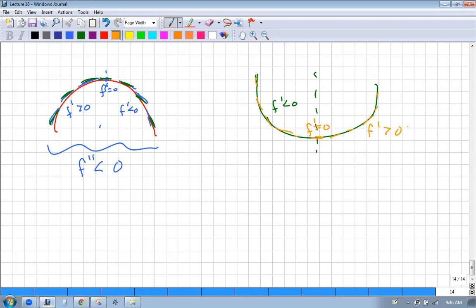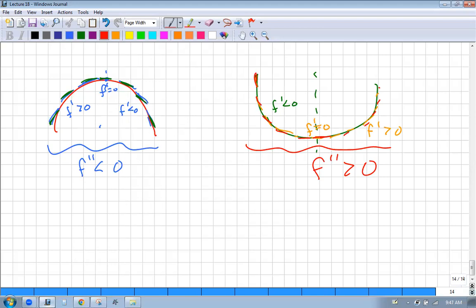But if you look at all the slopes, the slope is increasing everywhere. It starts off negative, gets to 0, and then becomes positive. So everywhere here, the second derivative is positive. Does that make sense? It's concavity, okay?